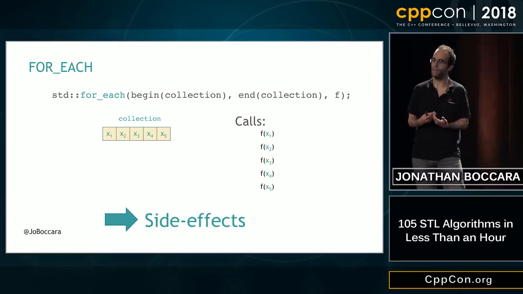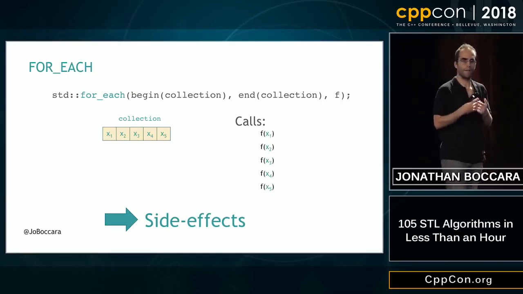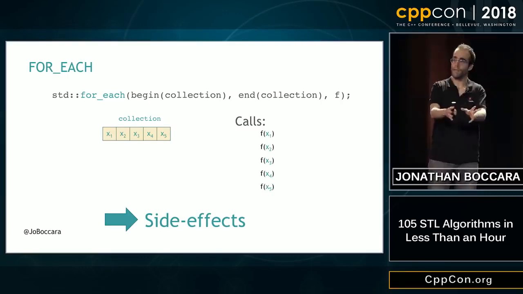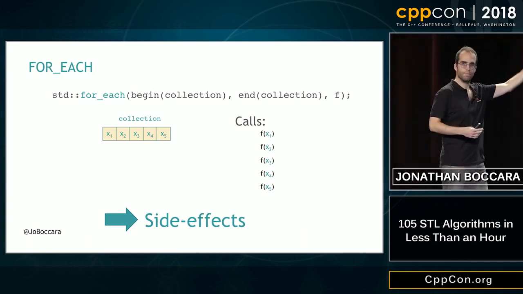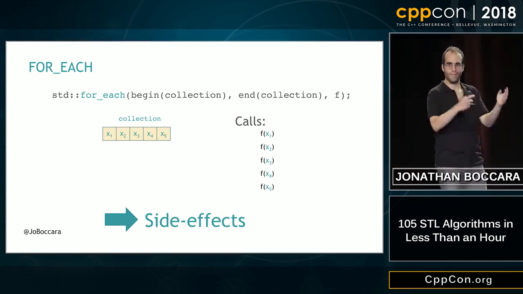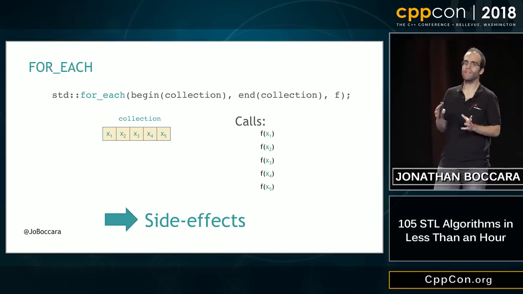But for_each is made for doing side effects. That could be side effects on the elements themselves, modifying the elements of the collection, or that could be side effects in the more general sense of sending stuff to a logger or whatever, right? But for_each is made for side effects.